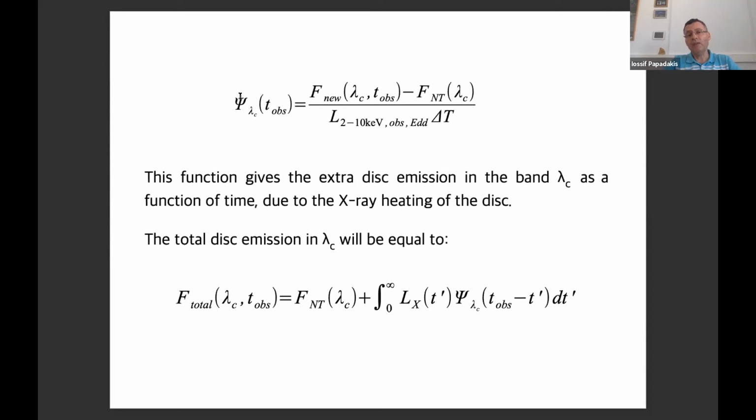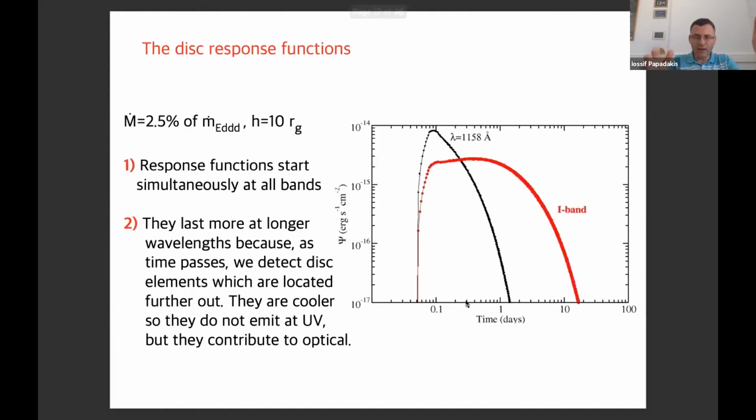If the response is defined in this way, then what you observe at each time is what the disk emits, plus this response times all the X-rays that were emitted in the past. How X-rays are going to affect what you see now depends on the response of your disk. Here are two examples of these responses: response of the accretion disk in the extreme UV and in the I band.